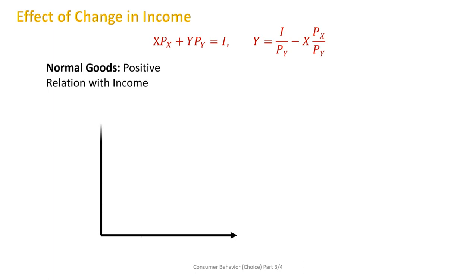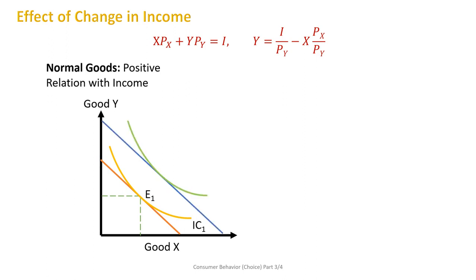Let's assume that both the commodities are normal goods. Given the income and the prices, the consumer is in equilibrium at point E1. Now let's assume that the income of the consumer increased. This resulted in shifting of the budget line and the consumer moved to a higher indifference curve.